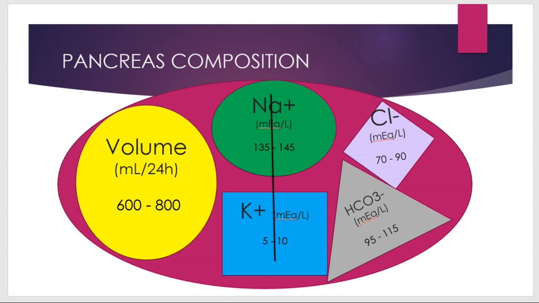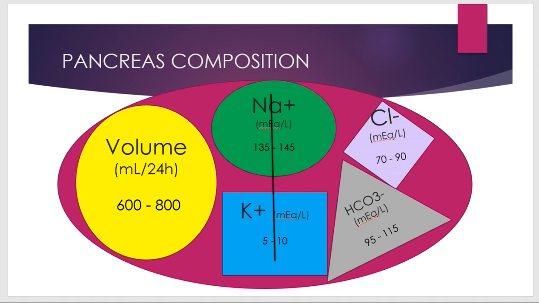So in pancreatic secretion, when compared to bile, the chloride is less, bicarbonates are more, sodium and potassium are the same, and the volume is slightly more than the bile.